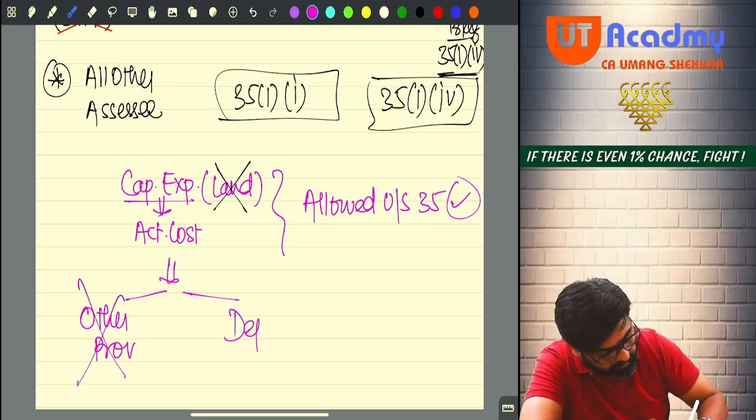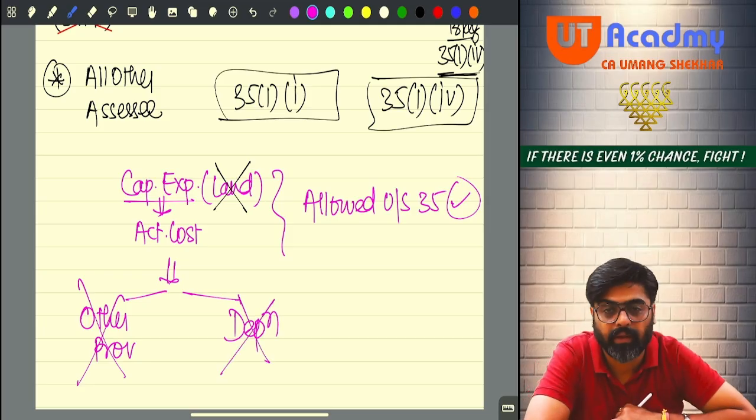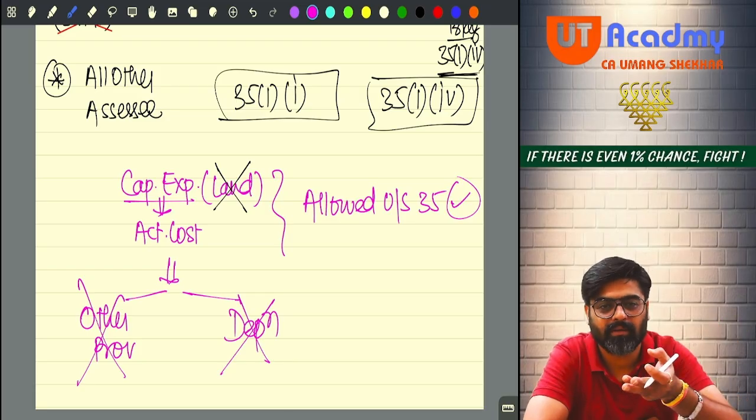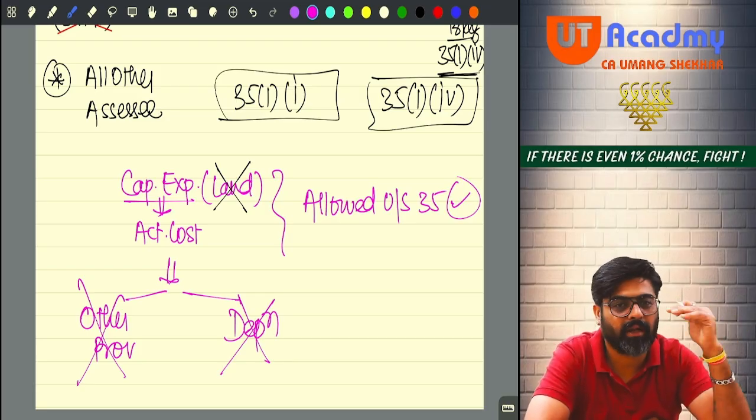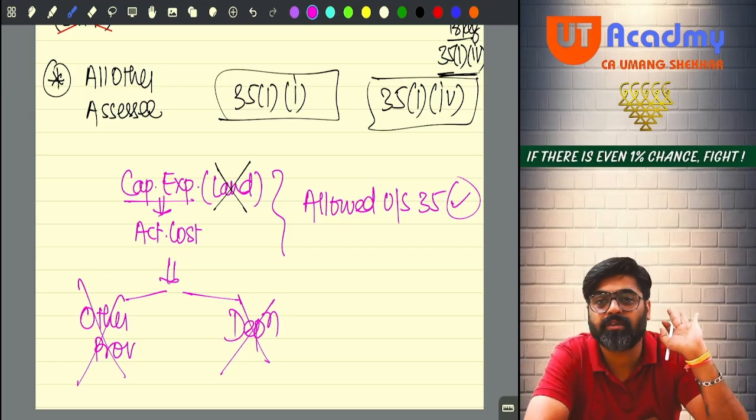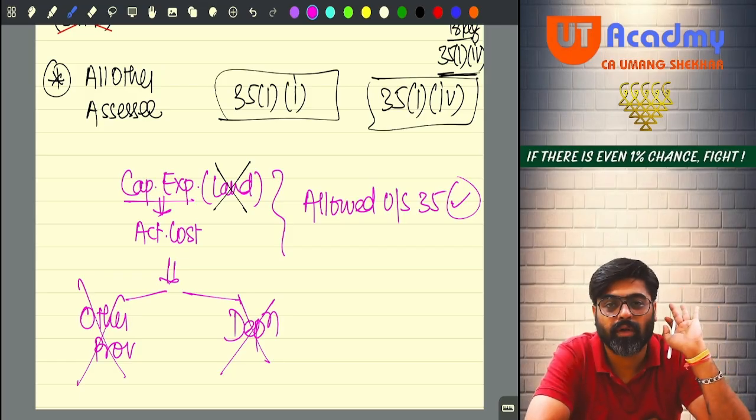On that, depreciation also cannot be claimed, because if that is done, you are taking double deduction for a single amount. Getting my point? So you are claiming here, then don't claim anywhere else under any other section, or even in the form of depreciation. Got it, sir?